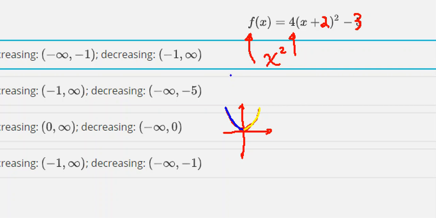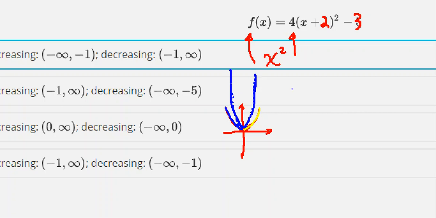It will stretch this function by a factor of 4. Will it change the interval of increasing or decreasing? No, it won't. It's still decreasing from negative infinity to 0, and from 0 to infinity, it is increasing.